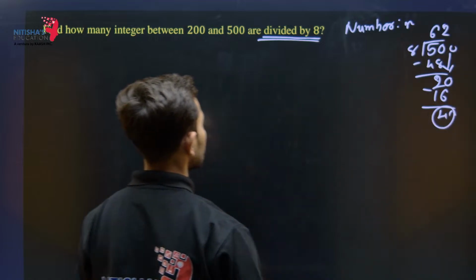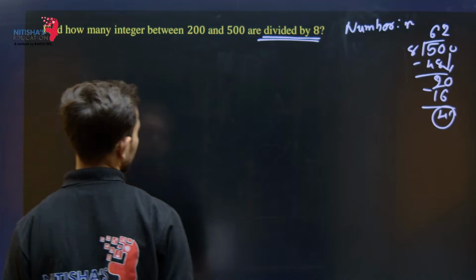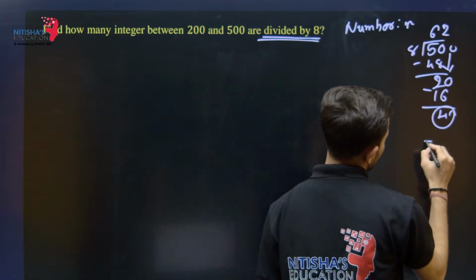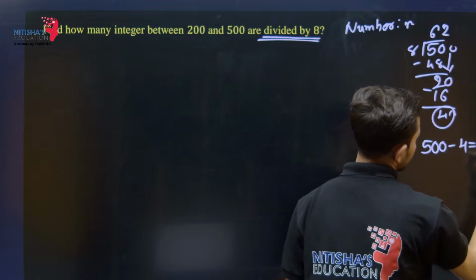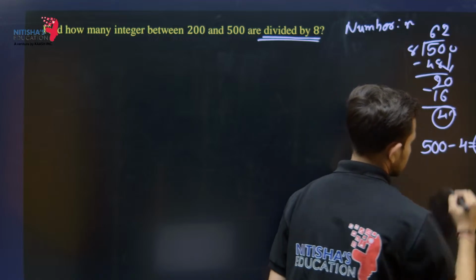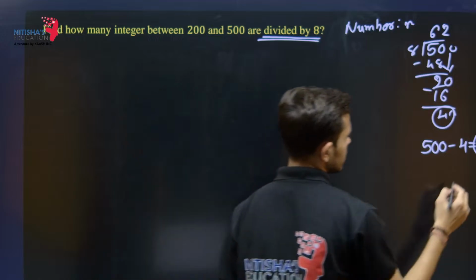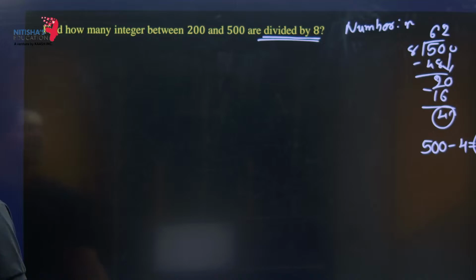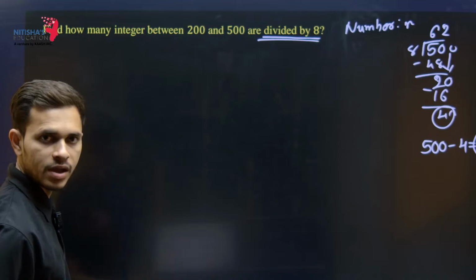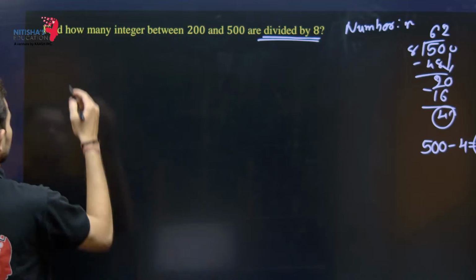So we need to subtract that remainder from 500, which is 500 minus 4, and our answer will be 496. So the maximum number that can be divided by 8 between 200 and 500 is 496, right?